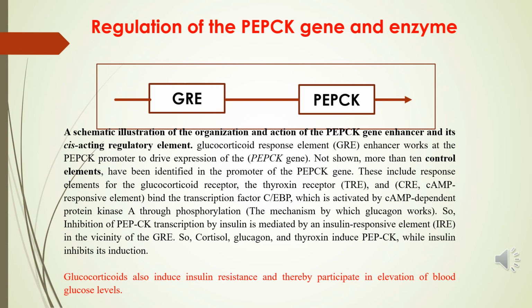So the promoter of this gene has two areas, one for the induction and one for the inhibition of gene transcription. Cortisol, glucagon, and thyroxine induce the phosphoenolpyruvate carboxykinase, while insulin inhibits its induction.